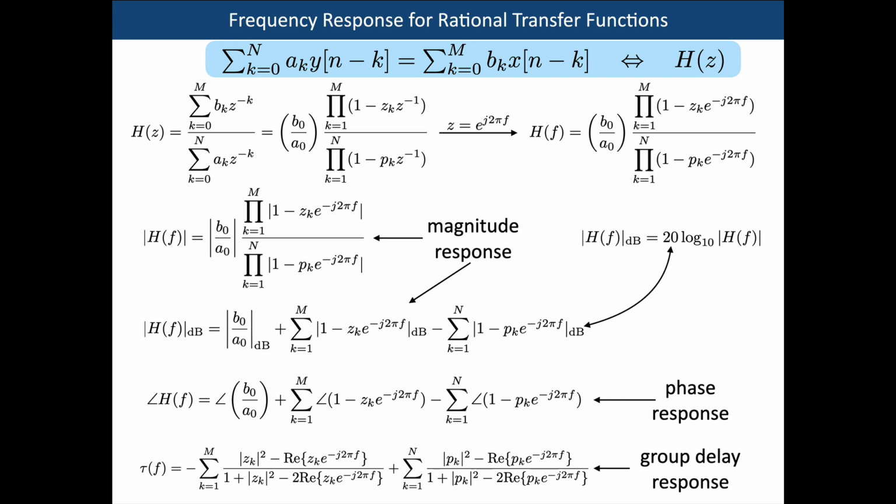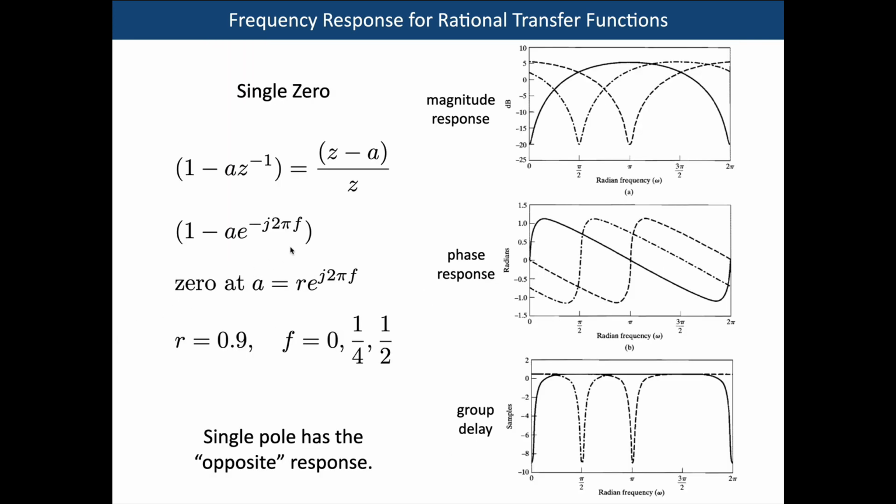So with that, let's jump in and look at what the magnitude, phase, and group delay look like for a single zero. Okay, so here's a single zero where the zero appears at z equal A, which is a complex number, could be anywhere in the complex plane.